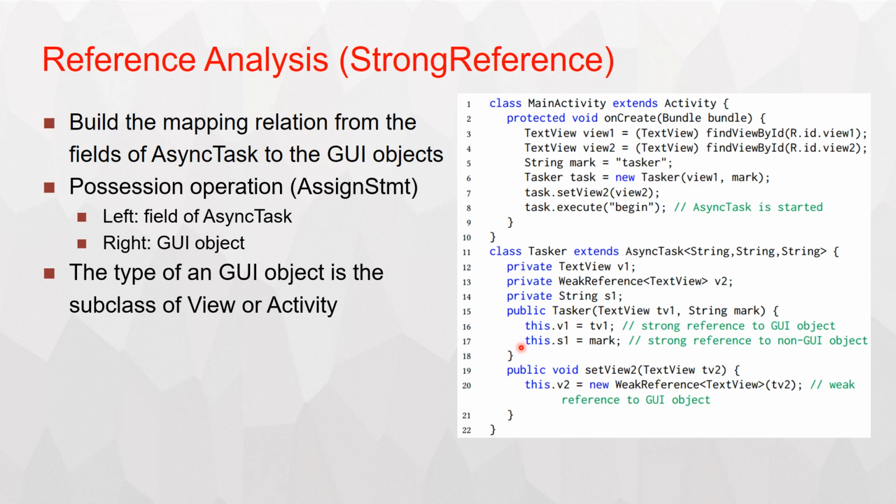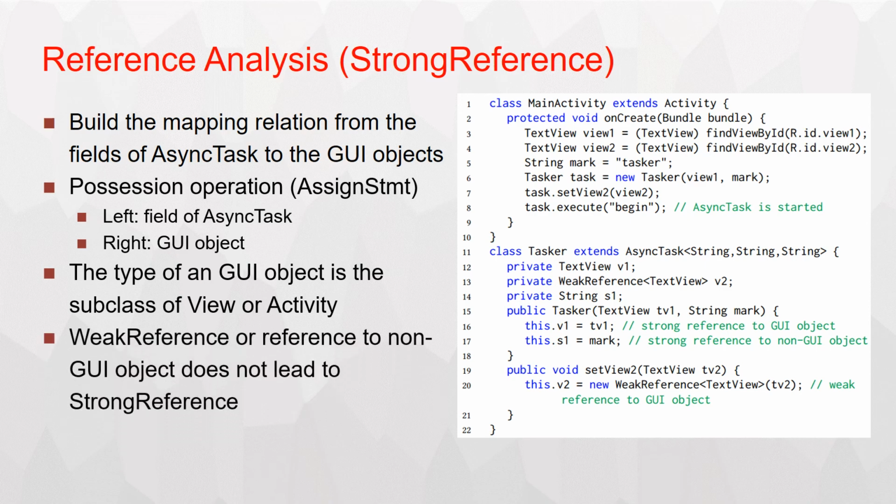Through S1, it holds strong reference to long GUI object, and through V2, it holds weak reference to the GUI object. Among them, only the field V1 is a real strong reference, and it can pose potential memory leak. Note that weak reference or reference to non-GUI object doesn't lead to strong reference.